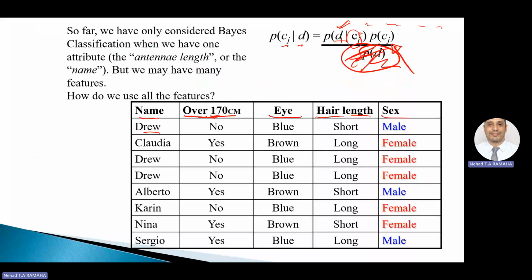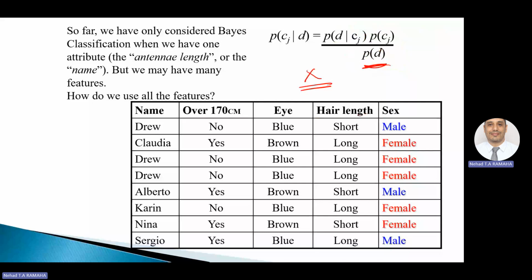We only remove what? The division of the probability. Why? Because we will have too many D. Remember when I said X, it's a vector, it has many features. You will have a problem. That's why we make it simple.